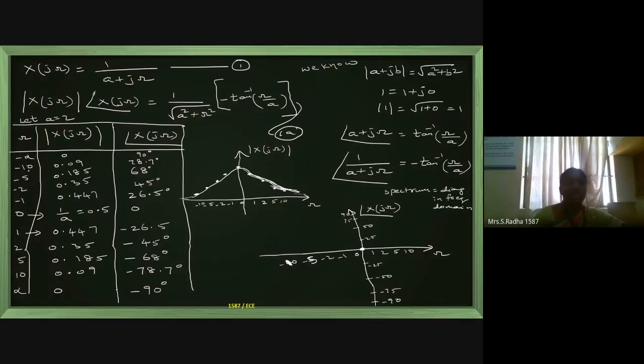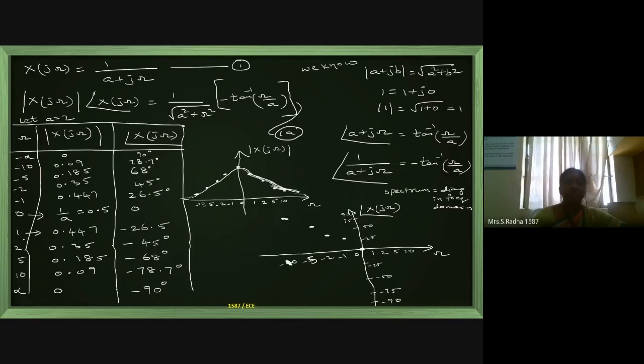For minus 10, angle is plus 78, positive side. And minus 5, angle is 68, positive side, so y-axis value somewhere 68 here. And minus 2, it is plus 45, somewhere here. At minus 1, it is plus 26.5. And 0, it is 0.